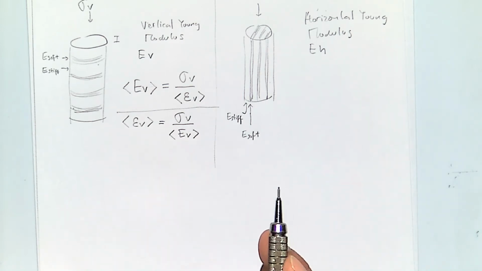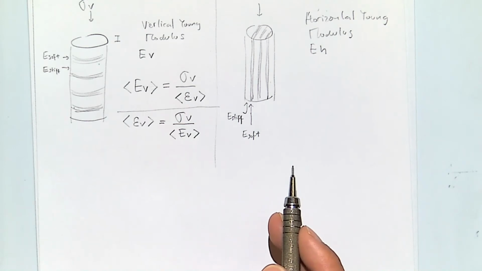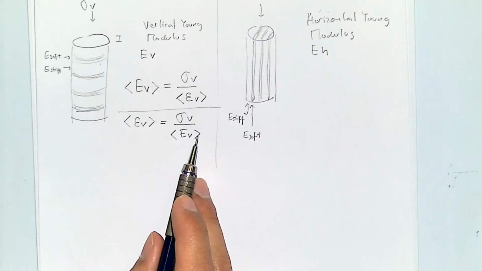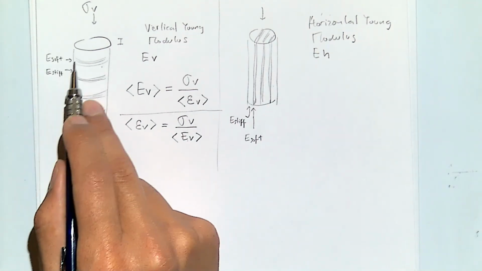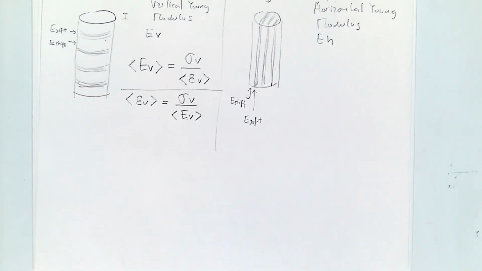All right. So our objective is going to be to relate this vertical Young modulus to the moduli that go inside in the material.